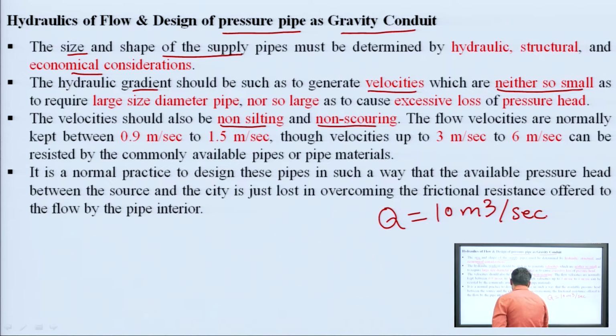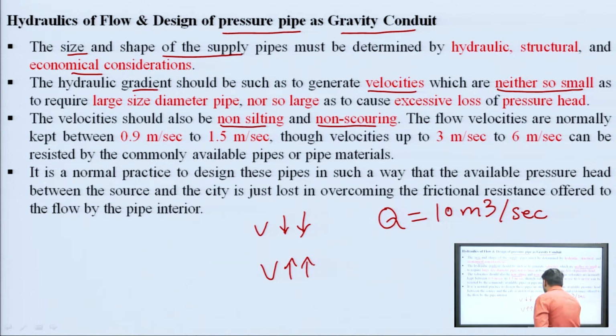And there are two options. First, we can take the velocity very low, or we can take the velocity very high. What will be the cases? We all know that Q equals area into velocity. When velocity is too low, what will happen?